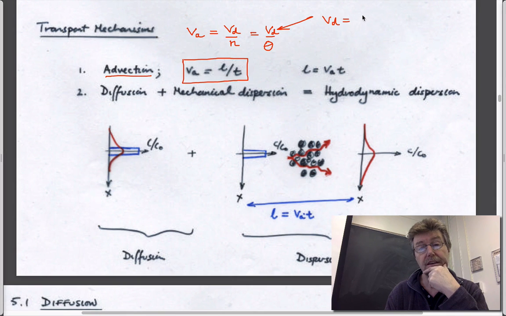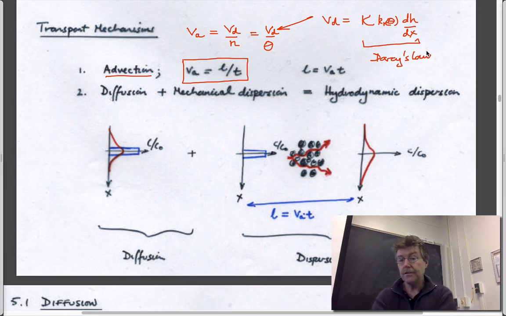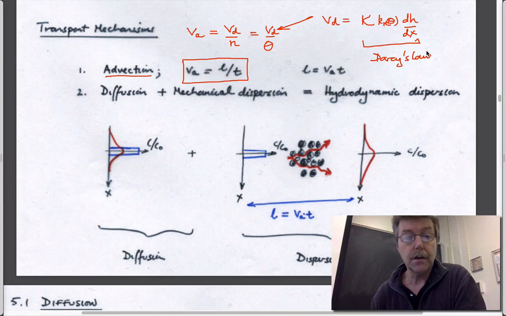So the velocity is hydraulic conductivity, I suppose it could be multiplied by relative conductivity at that particular volumetric moisture content, and the gradient of head with length. So this is just Darcy's law. And so that's advection, which would give us this step change in concentration.